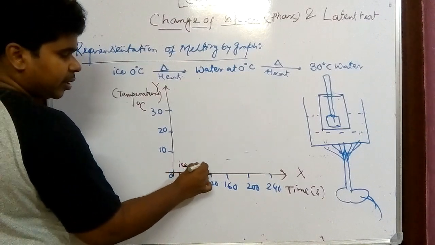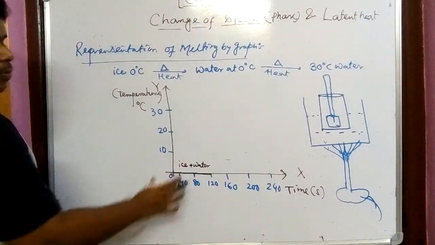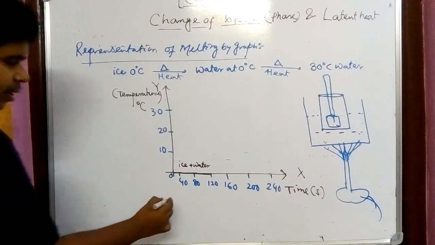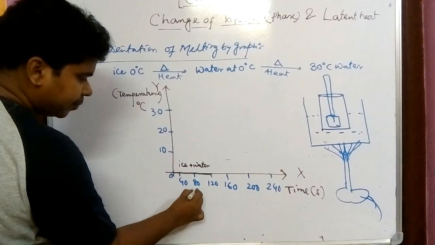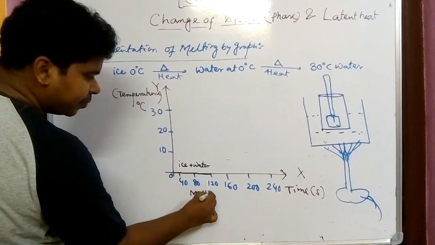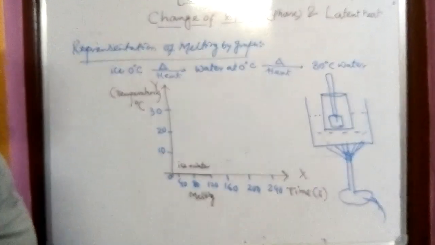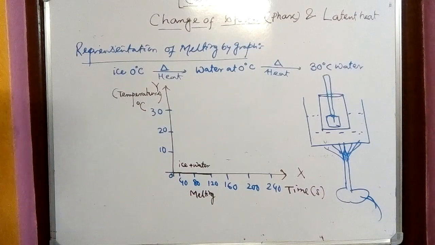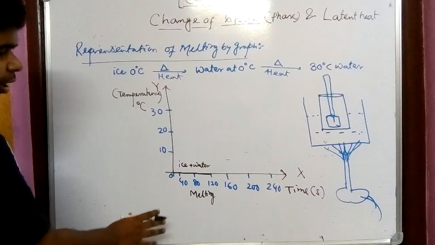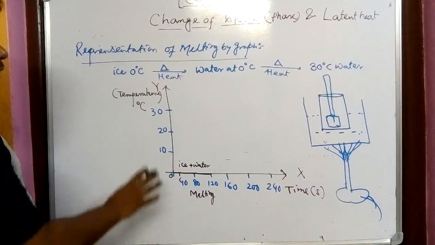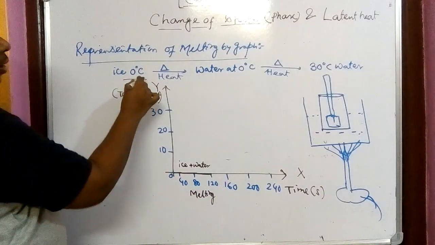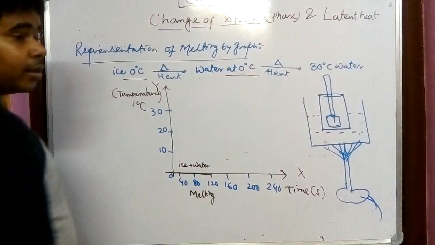In this place it is a combination of ice plus water, and the melting occurs in this portion, because you see here the temperature is not changed. As you have given heat energy, only the change of state occurs. Temperature remains the same, 0 degree centigrade ice to 0 degree centigrade water.